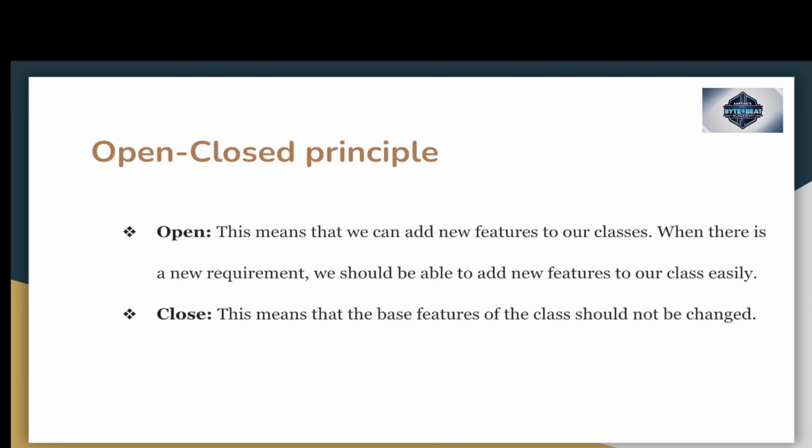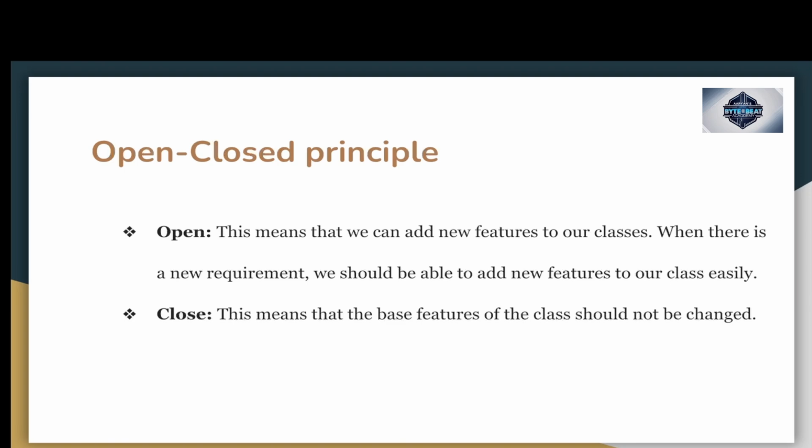The base feature of the class should not be modified, but it is open for extension. In the car we can get accessories added, but we are not making it not runnable, because if it is not runnable, it is not a car. In the same way, the base functionality of a class should not be changed, but we can add something to that class. So this is the open close principle.